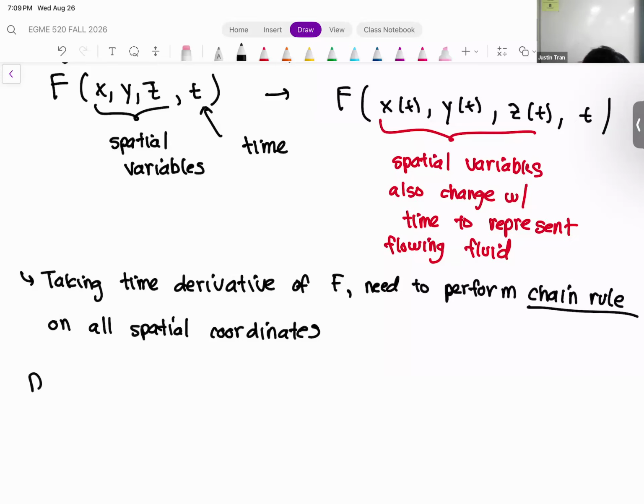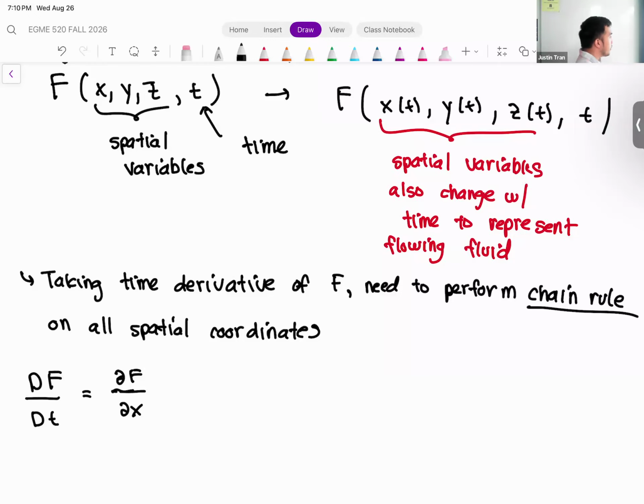So if we were to take the derivative of f with respect to time, so we have df dt. And we know f here is a function of four variables, x, y, z, and t. So let's start with x. First we have partial f partial x, because f is a function of x.